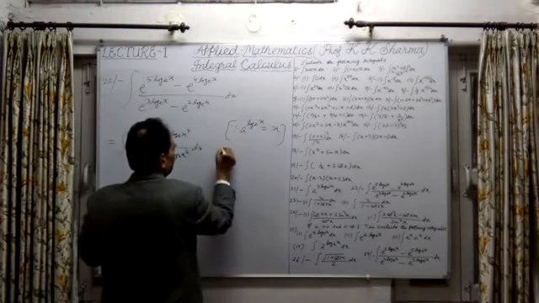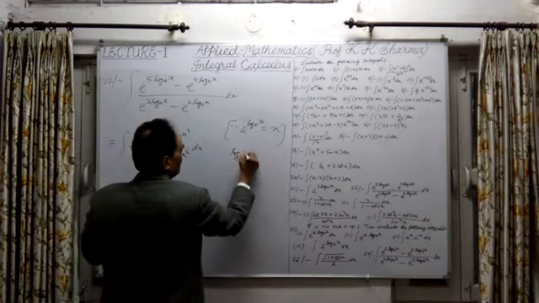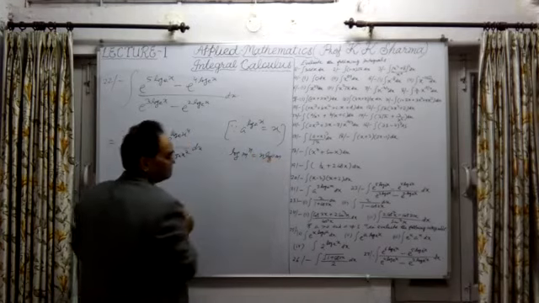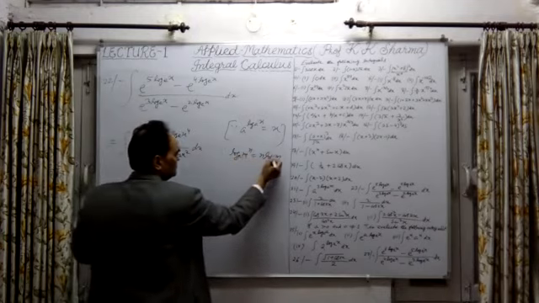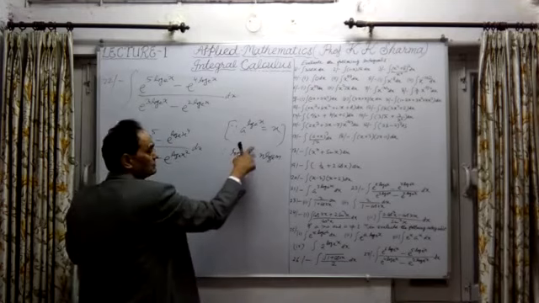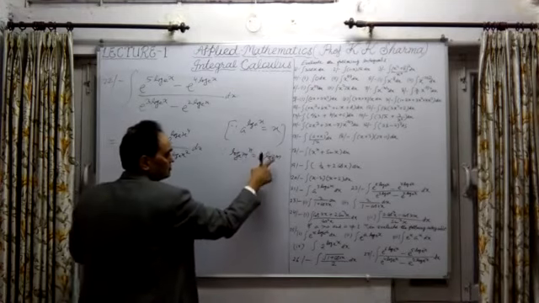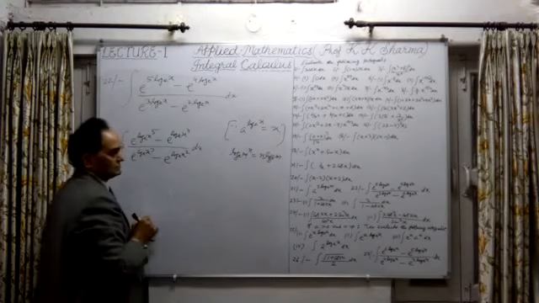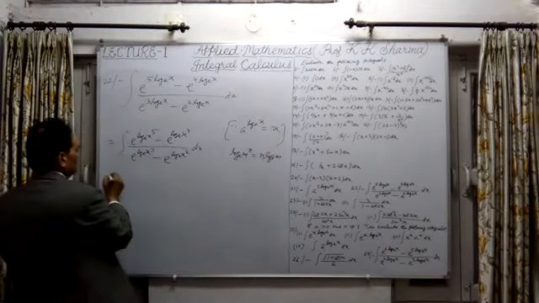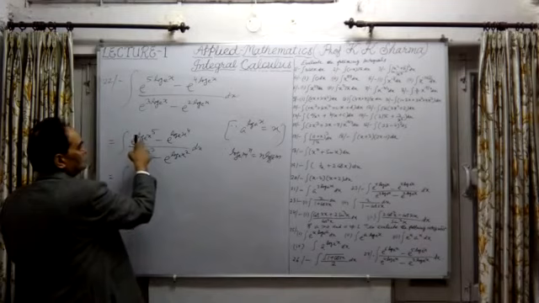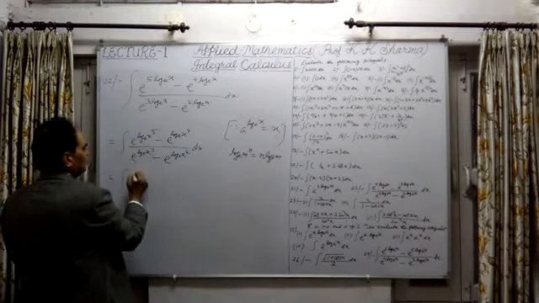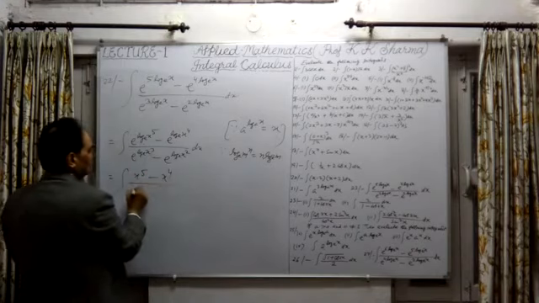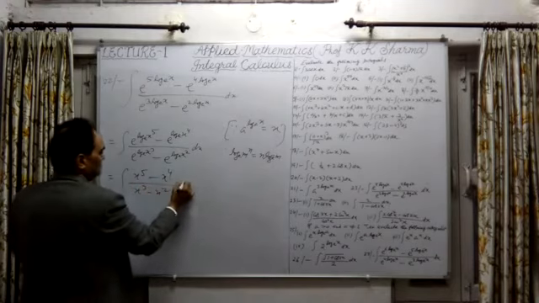Now here, since log of m raised power n to the base e is equal to n log m, we know any base is there. So the power can be taken out to make it only log. This is what we have obtained. Log e and log e cancel out. This is x5, I mean, according to the formula, this is x4 divided by x cube minus x square into dx.